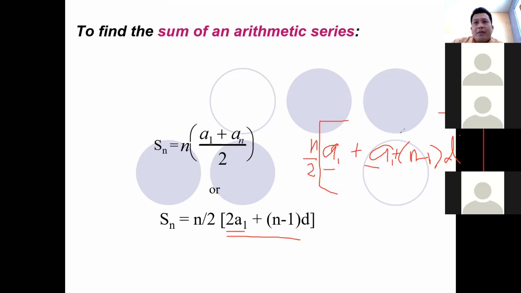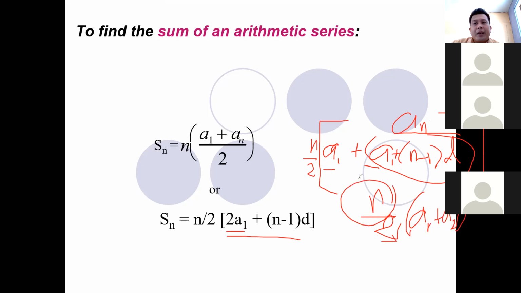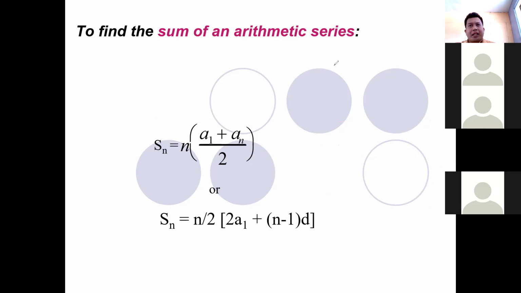And notice that this is the formula for a sub n. That is why we can simplify the formula as the sum of the first term and the last term divided by 2, times the number of terms. Or this one, if my annotation is not clear.